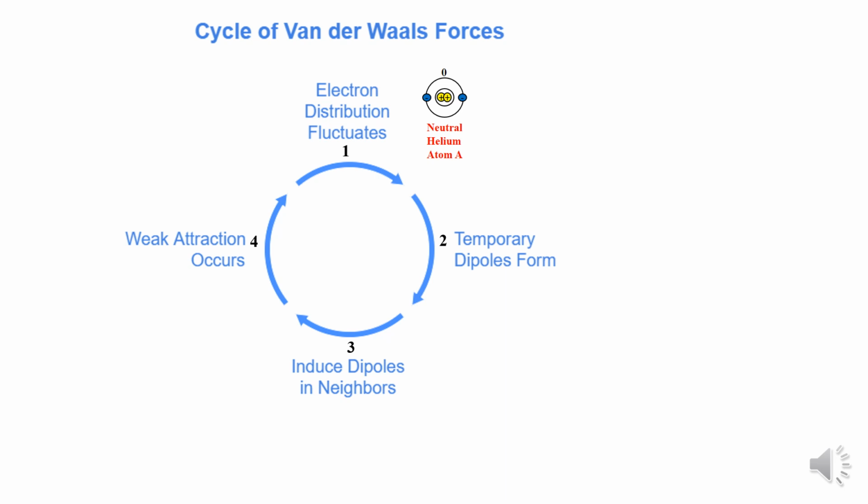We all know that electrons are always in constant motion, and as a result, there is a temporary or momentary fluctuation in the movement of electrons, leading to the clustering of electrons on one side of the atom. And this leads to development of dipole in the helium atom.